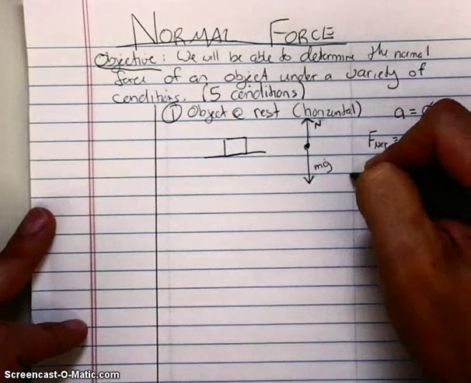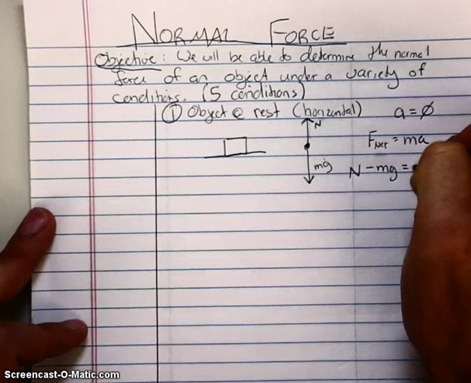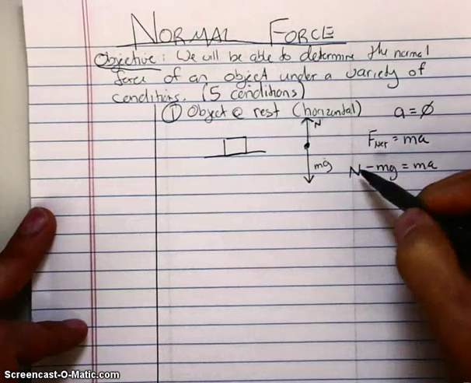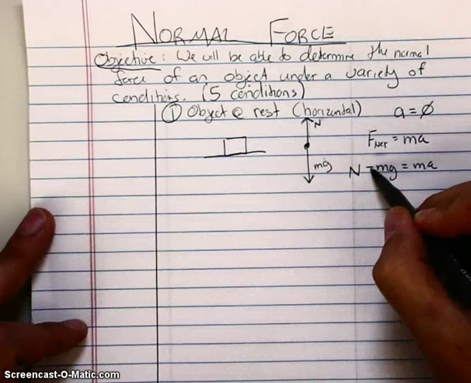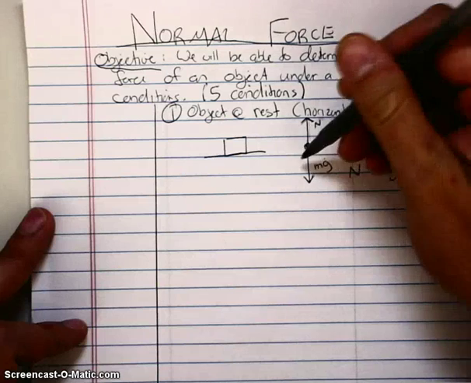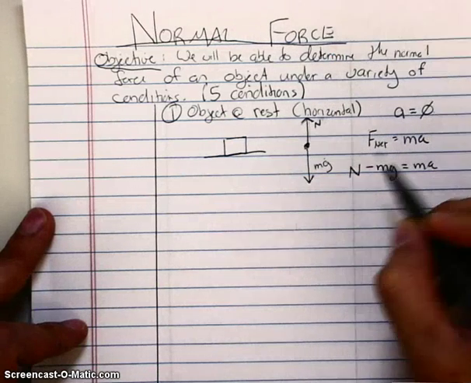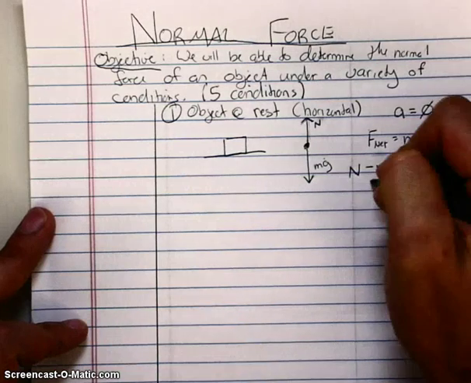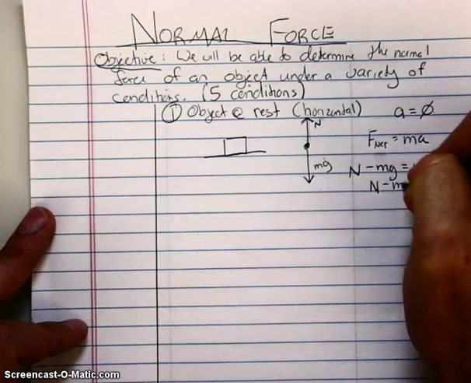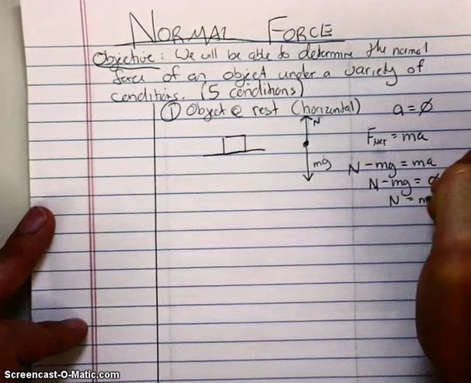So F net equals normal force minus mg equals ma. N is positive because it's pointing in the positive direction. I put minus here for mg because mg is going in the negative direction. So acceleration is 0. So N minus mg equals m times 0. So N minus mg equals 0, or N equals mg.